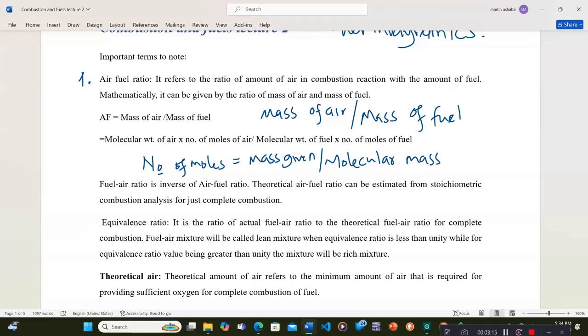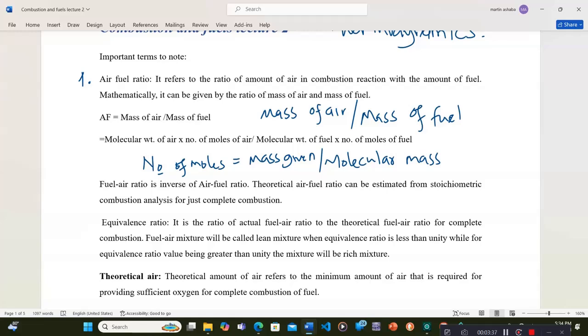If we have enough air to cause complete combustion of the fuel, then we shall call that stoichiometric or theoretical combustion analysis. And it is through that we are able to determine the theoretical air-fuel ratio.